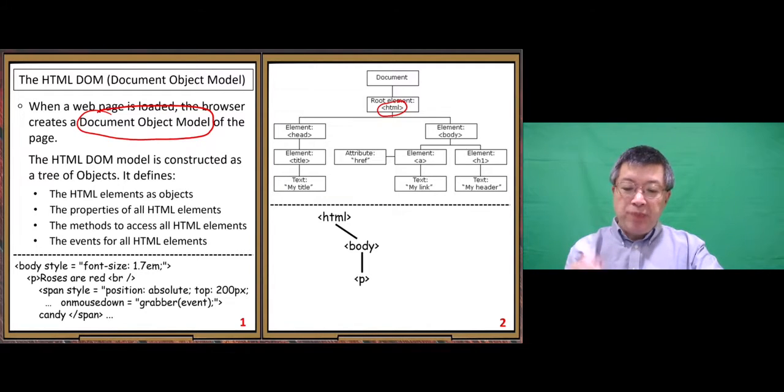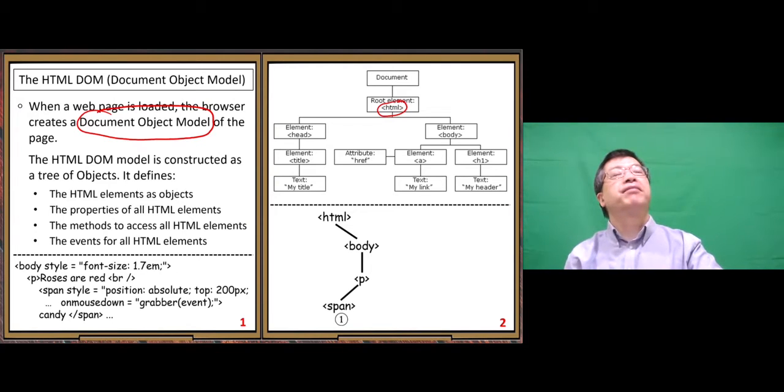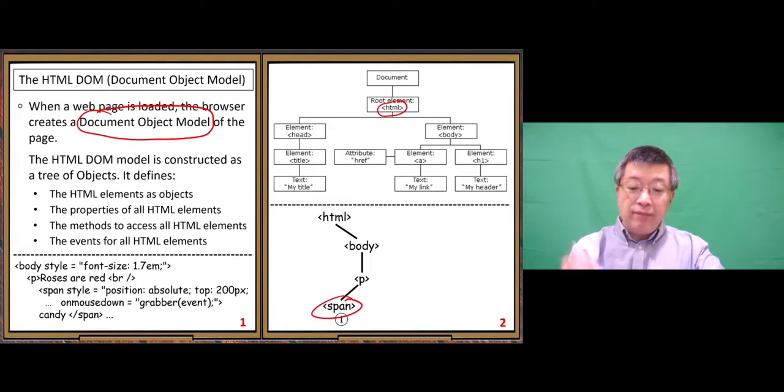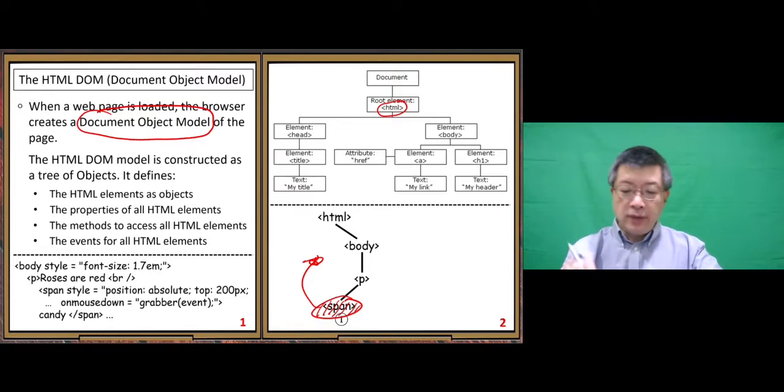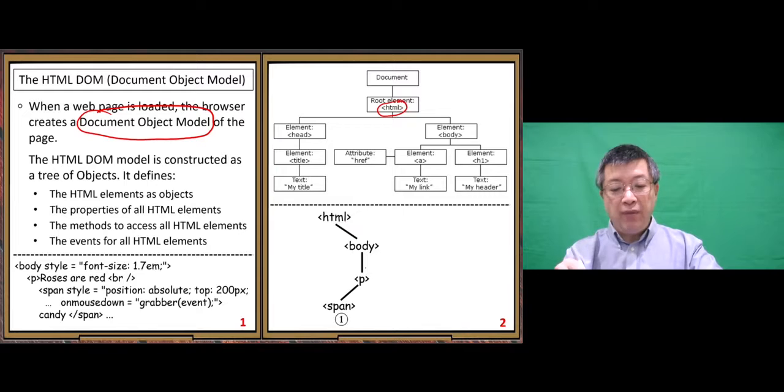P has a child node, span. That's the one, because when we do drag and drop, we drag and drop on one of the span elements. So our goal is to reach one of the span elements. That's one branch. You can see in the tree, we get one branch, another span element, another branch, and so on.